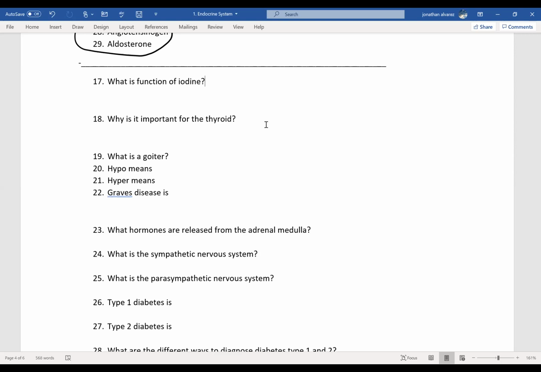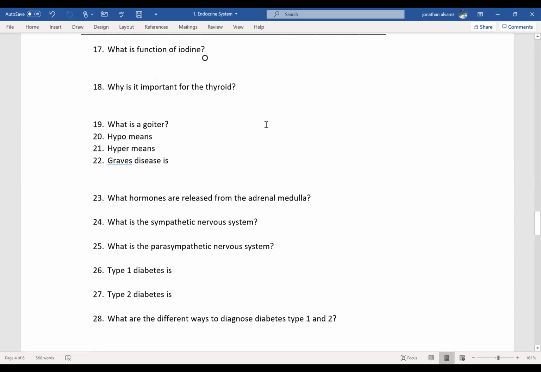But one of the things I focused on in the notes is the fact that it is a main ingredient for thyroid health and thyroid hormone function. Okay, a goiter is an enlargement of the thyroid because of iodine deficiency.